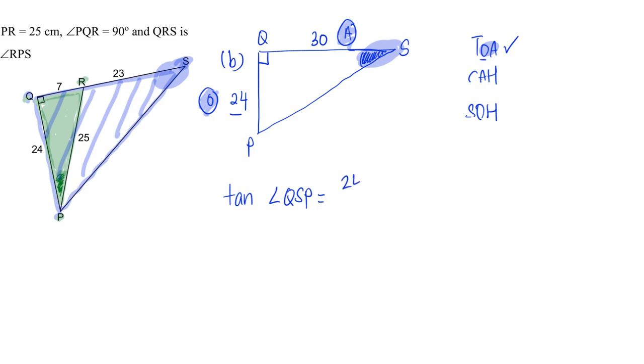O is 24 divided by A, adjacent side 30. So to find angle QSP, I will need to tap on the inverse of the tangent, 24 over 30, and do make sure that your calculator is in degrees, since we are working with degrees for this question.